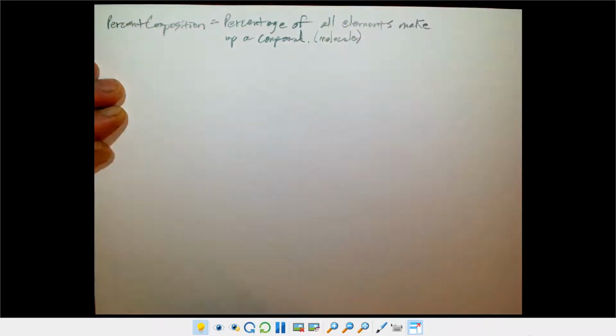And sometimes you're going to find they'll use the word molecule interchangeably. And really what molecule means is it's got covalent bonding, but sometimes it'll be referred to also for ionic compounds as well. So like, for example, when you're talking about percent composition.